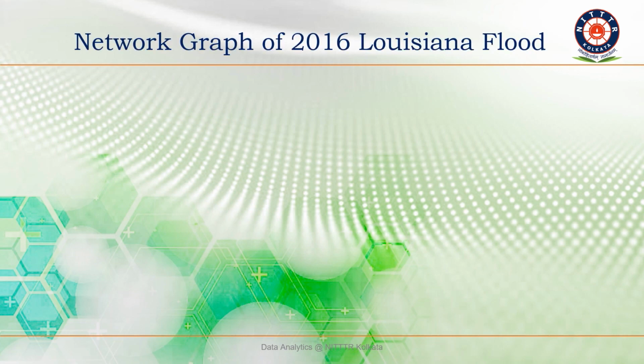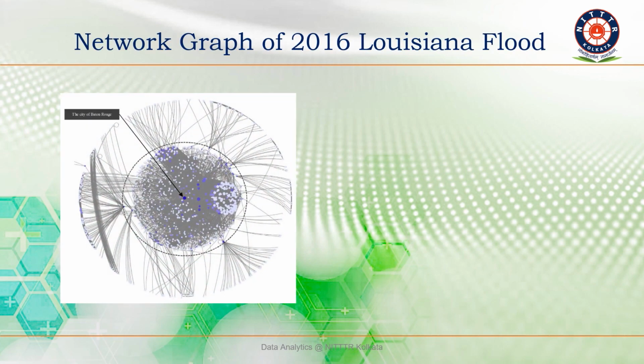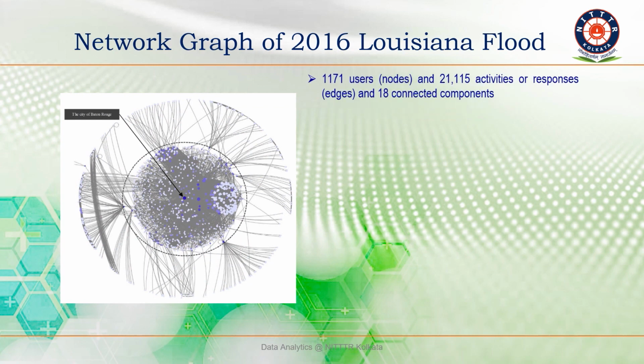The complex social network can be visualized in the graph you can see in the slide, where 1171 users as nodes participated and 21,115 activities and responses were performed, with 18 connected components considered.